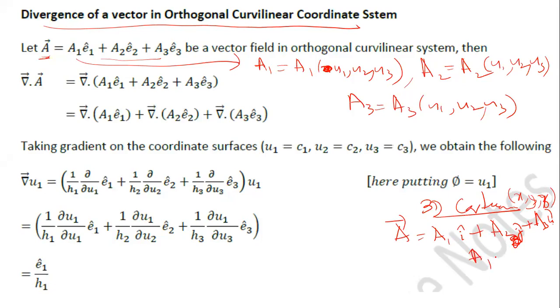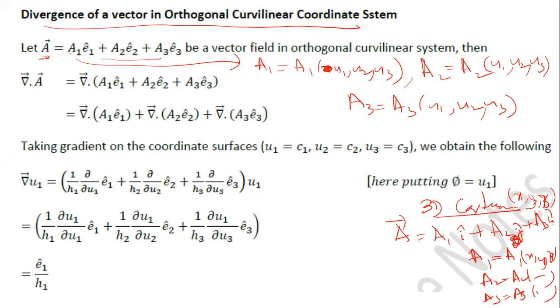In the most general case, a1 is written as a function of x, y, and z. Similarly, a2 is also a function of x, y, and z, and similarly a3 is also a function of x, y, and z. So similar to that, instead of i, j, and k, you now have unit vectors e1, e2, and e3, and a1, a2, a3, which are functions of the coordinate variables u1, u2, and u3.